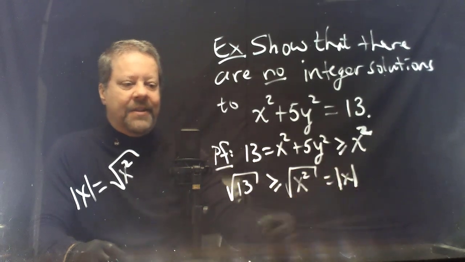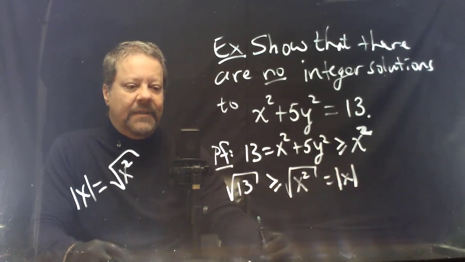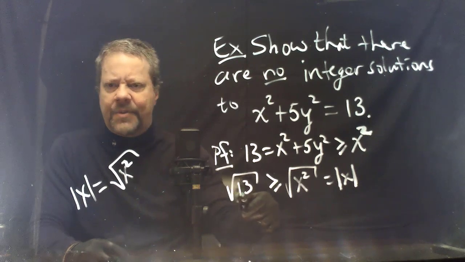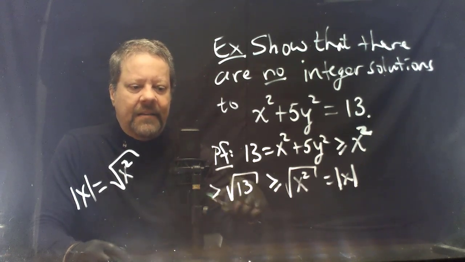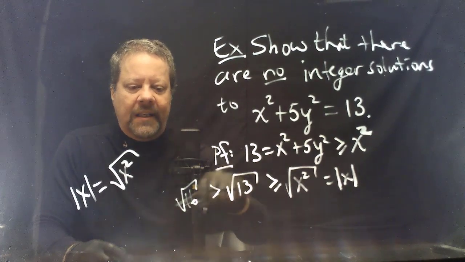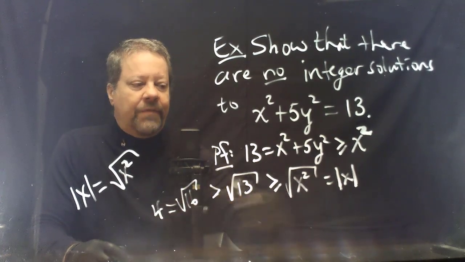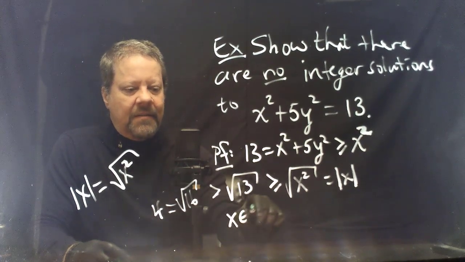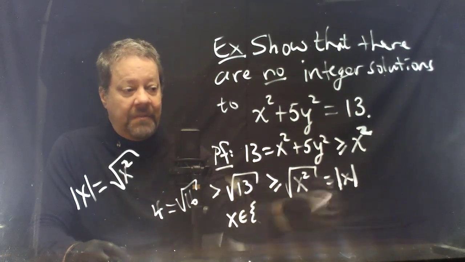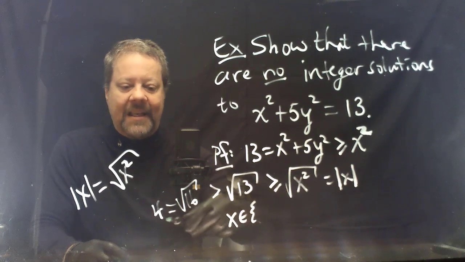So whatever x is, it can't get too big. And in particular, square root of 13 is less than the square root of 16, which is 4. So that means x must have an absolute value less than 4.